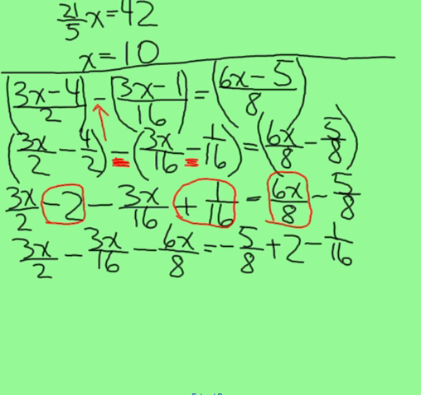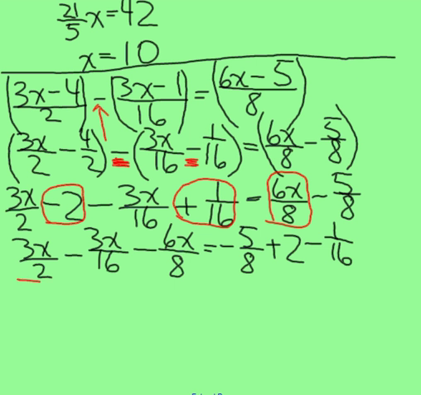Now we're ready to do this calculation on the calculator. So on the left-hand side, remember, stay in fraction mode on the calculator for this. So it's 3 fraction 2.